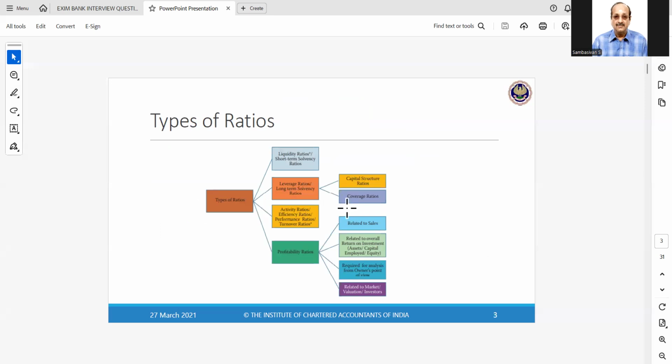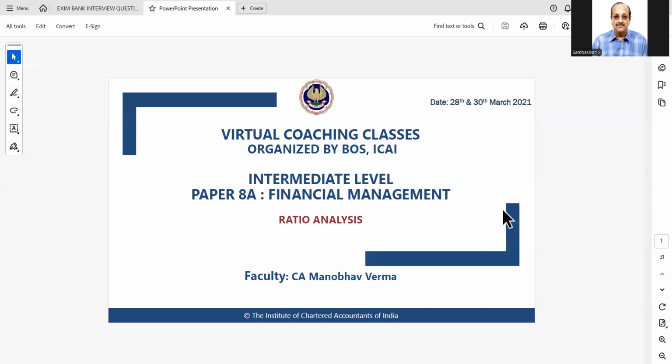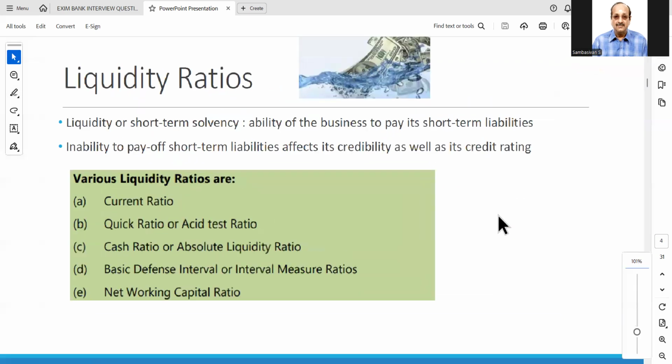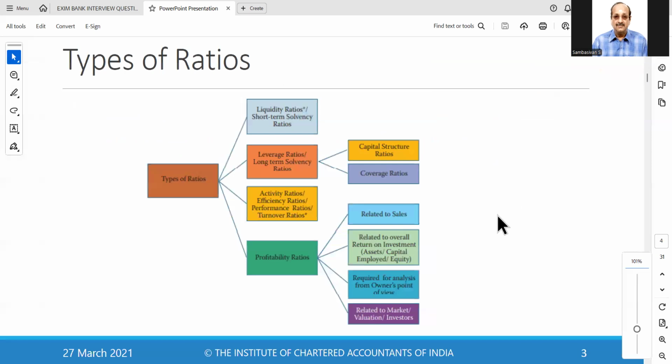The types of ratios are liquidity ratio, leverage ratio, activity ratio, then profitability ratio. Under leverage ratio, you have capital structure ratios, then coverage ratios.